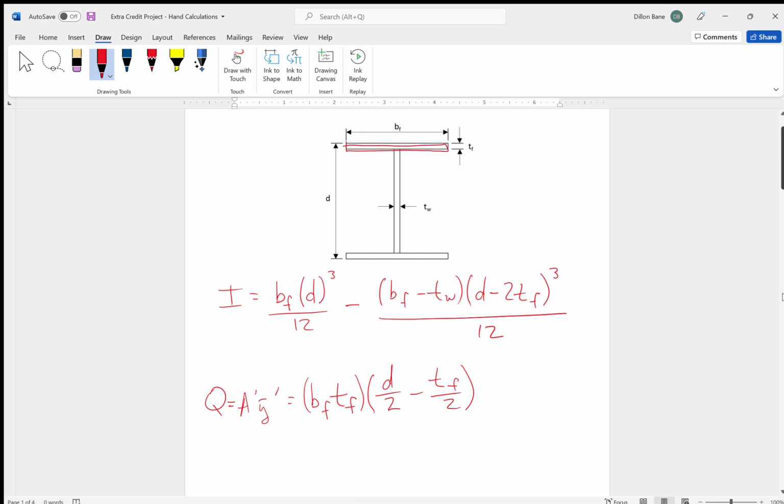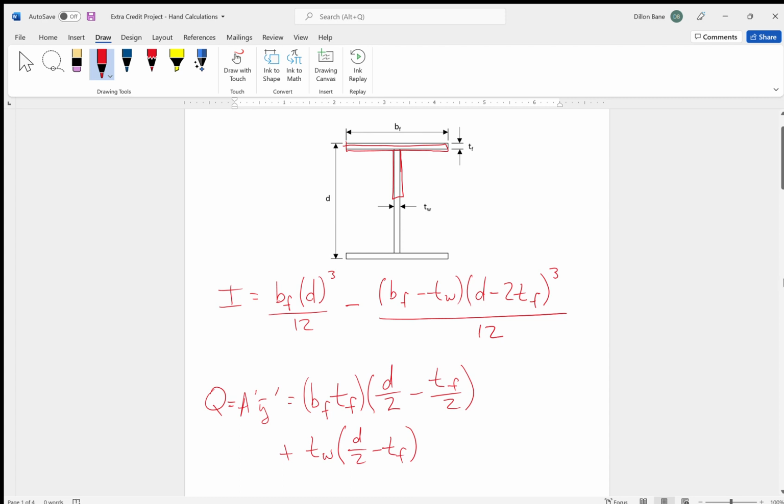Now the second shape is this shape, where the area is equal to, we'll say plus here, t_w times the height of this, which is d over 2 minus t_f. So t_w times d over 2 minus t_f, that's the A prime.